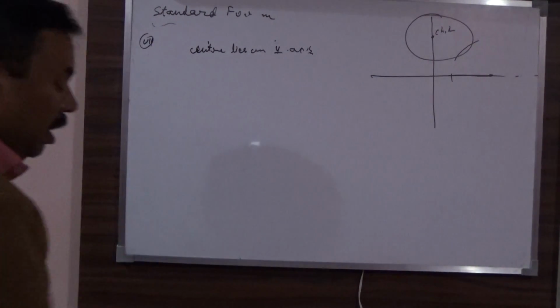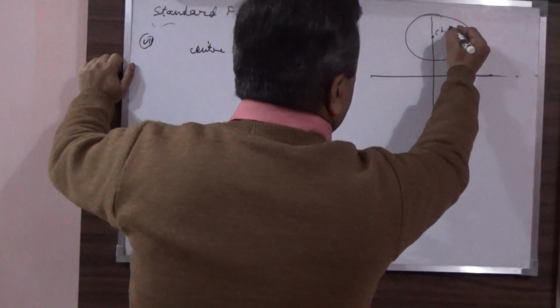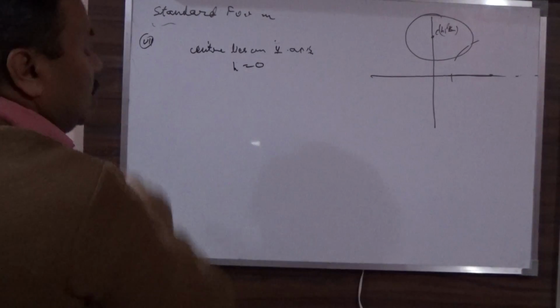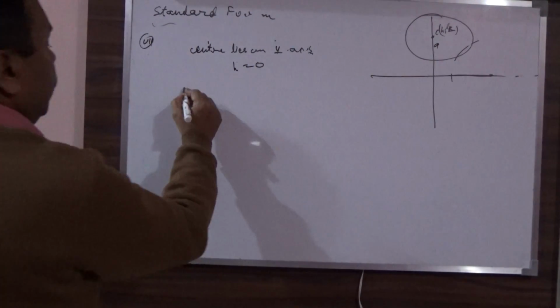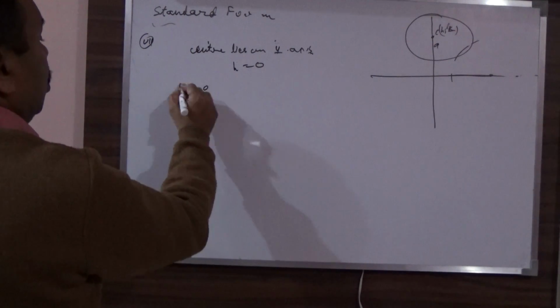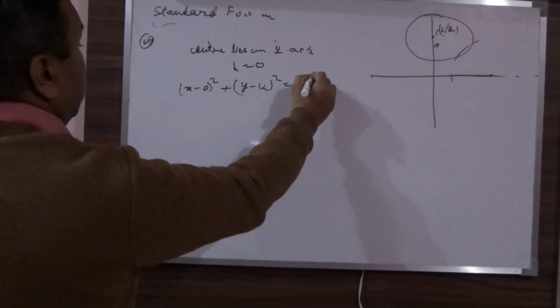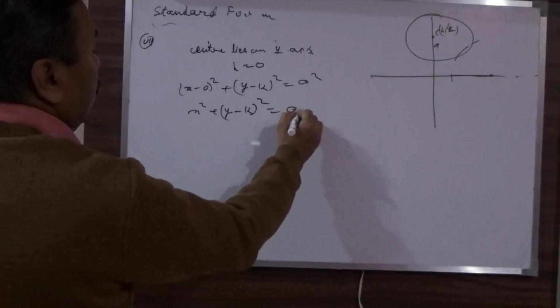You see the x coordinate of the center will be 0. So in this case, h will be equal to 0. So now again, if this is a, then it will be (x minus 0) square plus (y minus k) square equal to a square, or x square plus (y minus k) square is equal to a square.